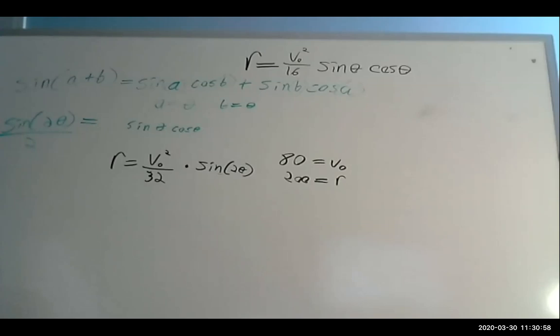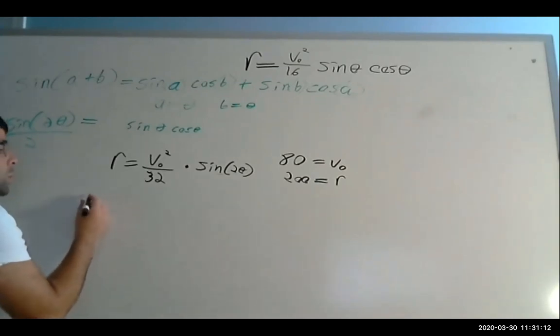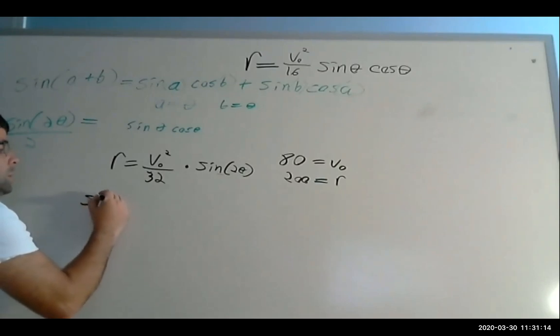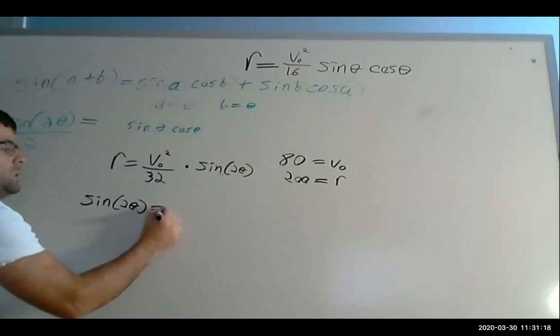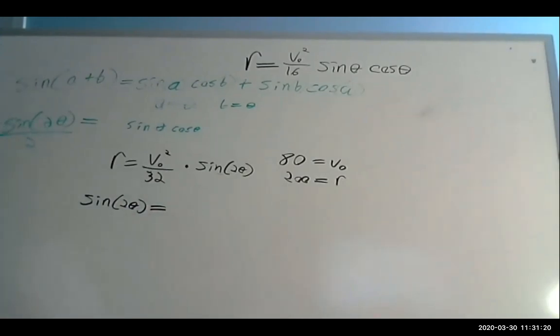This is called the isolation method. We want to isolate the thing that we want. Are we going to subtract the fraction to get sine 2 theta by itself?